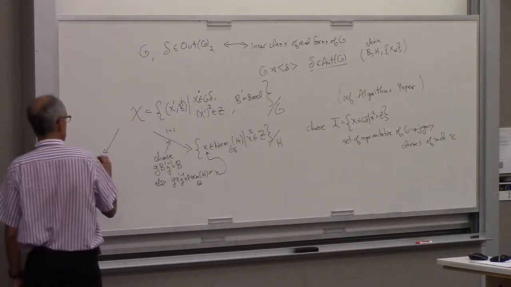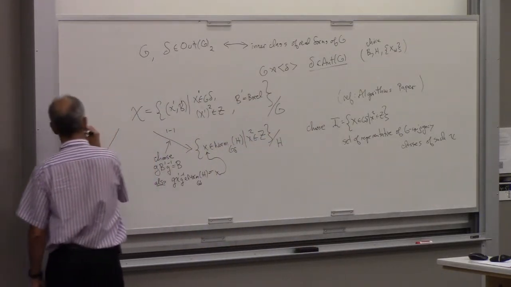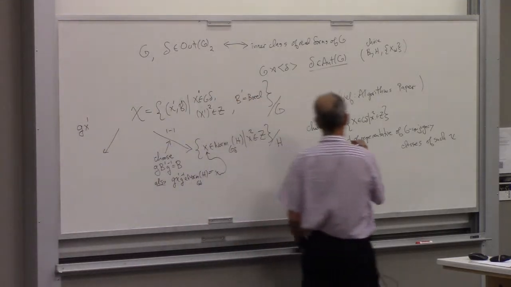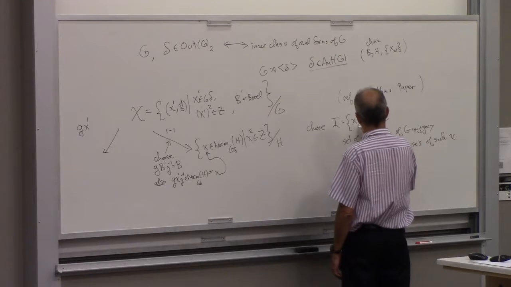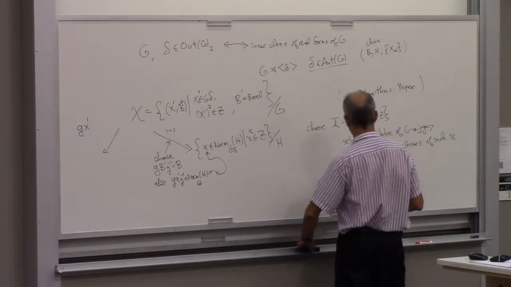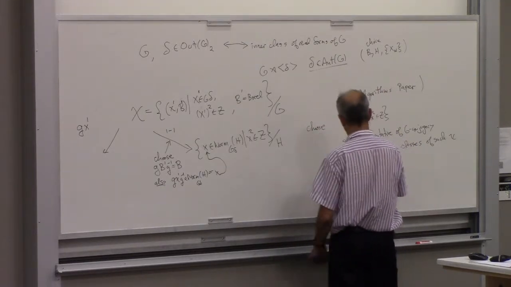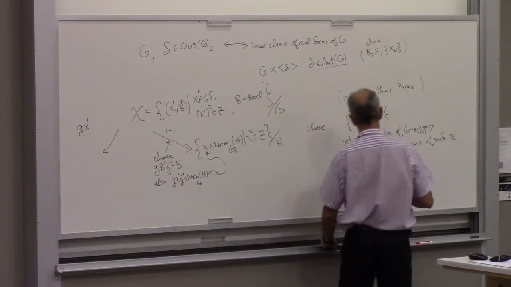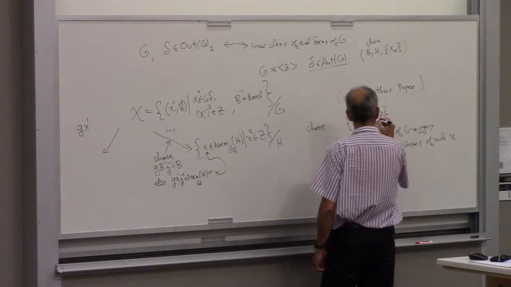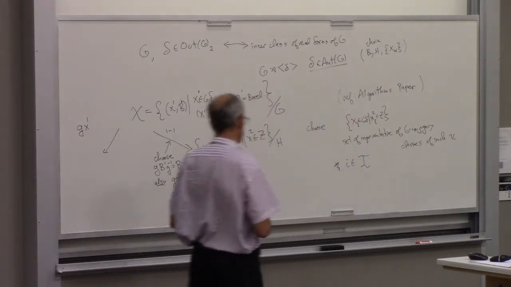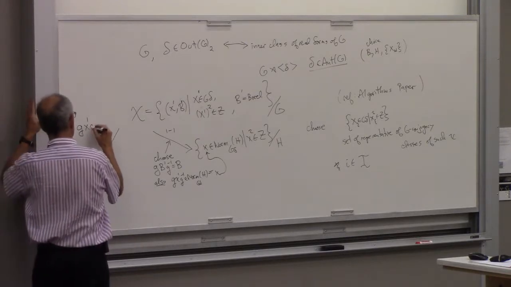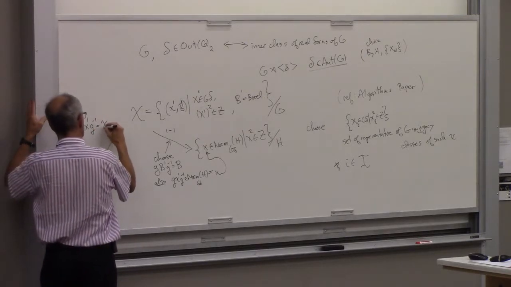I call these X_i's, where i runs over some index set, and it's usually finite, so I'm calling it I. So you can conjugate x prime to a unique x_i.